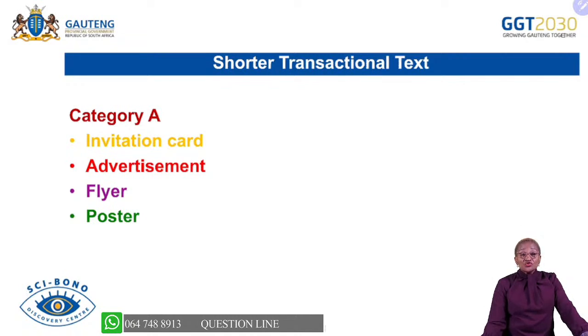You will be asked to write an invitation card or an advertisement or a flyer, or a poster. You will be expected to answer only one. But unfortunately, we have to learn and study all four of them because we don't know which of those four would come up in the examination.